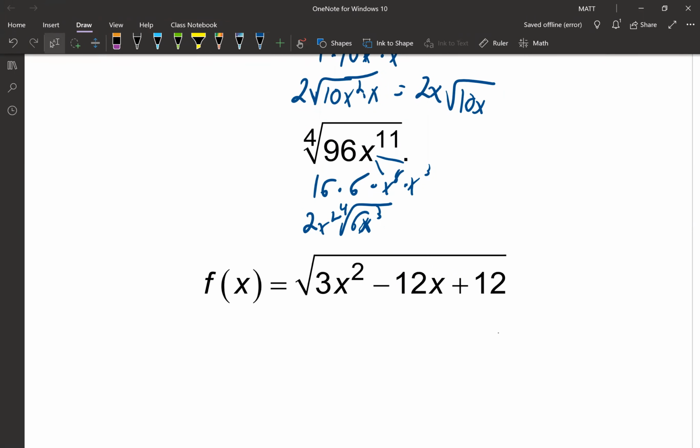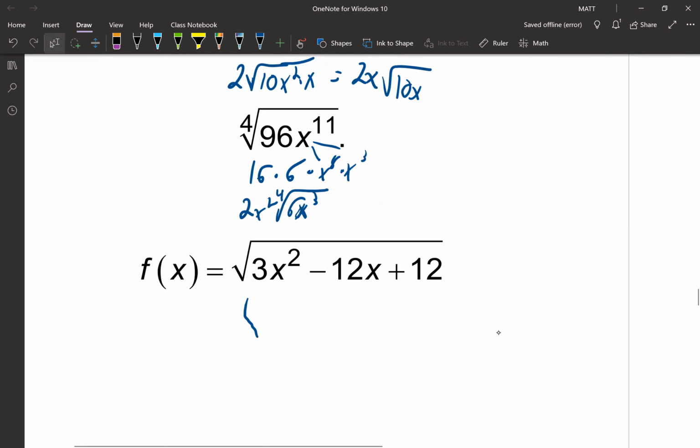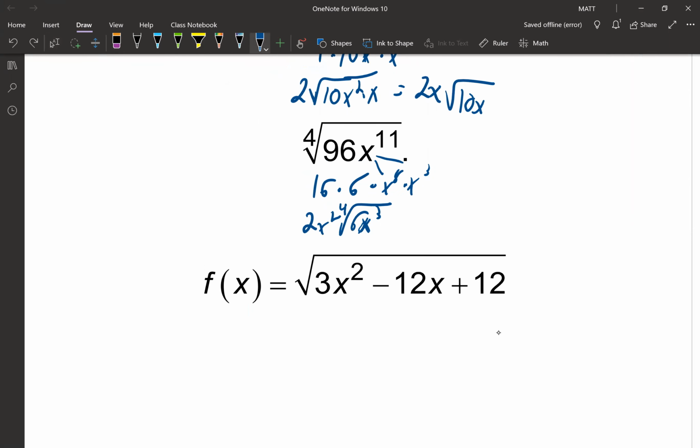So we can do the same thing on the next one, right? This is going to be the same thing, but notice that we might have something that factors really nicely here, right? Because we have the square root and we have this x squared, right? So let's still have the square root here, but let's try to factor this, right?